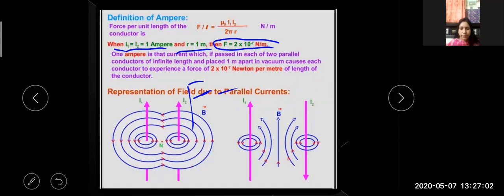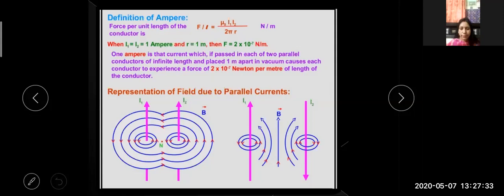So 1 ampere is that current which, if passed in each of two parallel conductors of infinite length and placed 1 meter apart in vacuum, causes each conductor to experience a force of 2 into 10 raised to power minus 7 Newton per meter of length of the conductor, right?